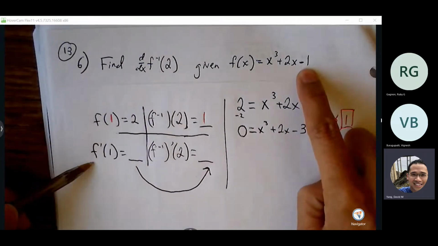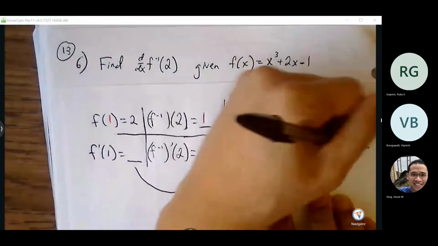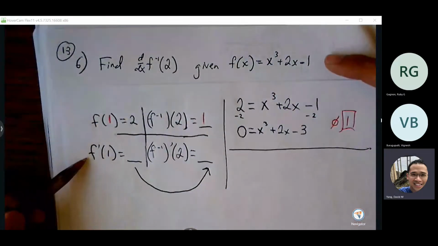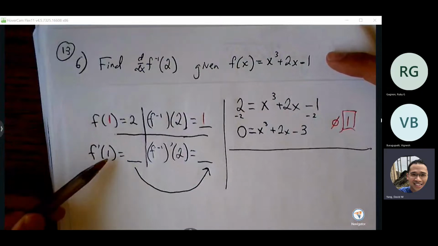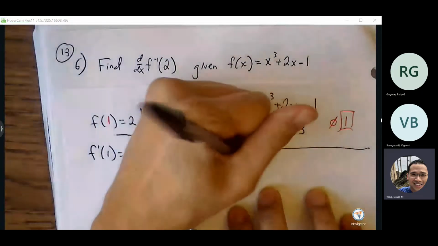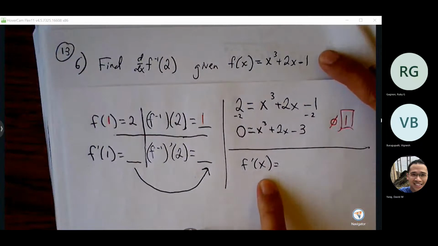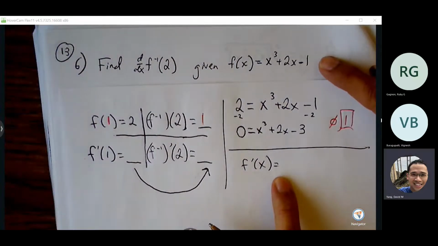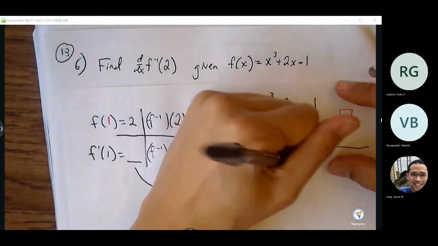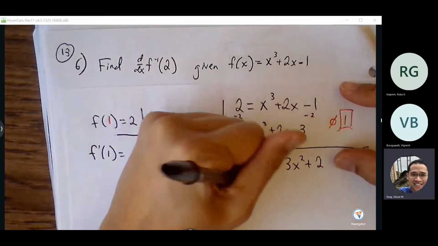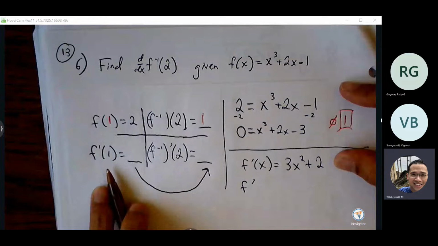So how can I find f prime of 1? Yeah, find a derivative and then plug in 1, right? So two steps here. F prime, power rule, what do we get? From here we can find the slope.